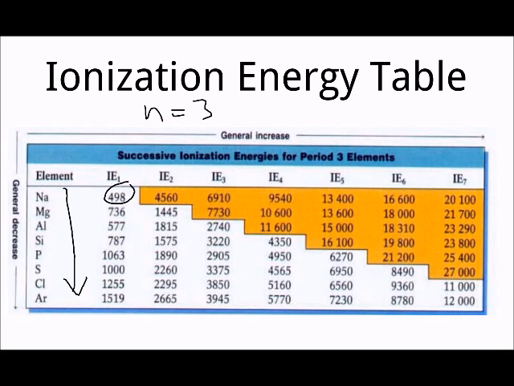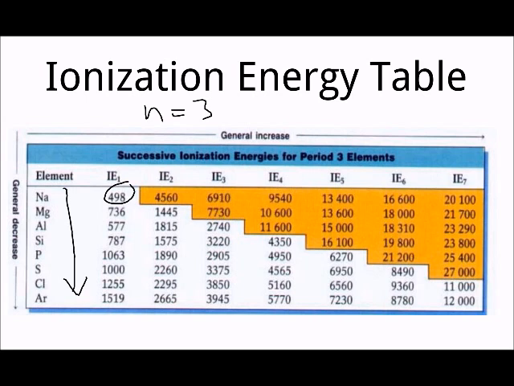That's because s shells are slightly closer to the nucleus, and therefore they're a bit more stable since they can feel the positive charge from the nucleus. This accounts for the energy drop, as the first electron in aluminum would be removed from a p shell, and the electrons found in magnesium only reside in an s shell. So that can account for that discrepancy and that small drop of energy there.